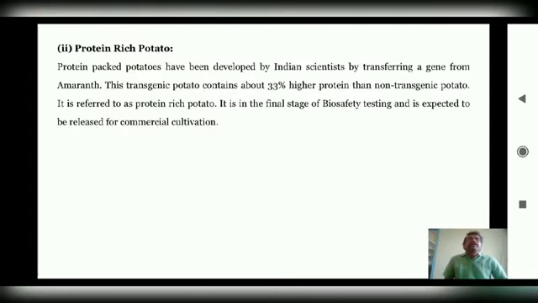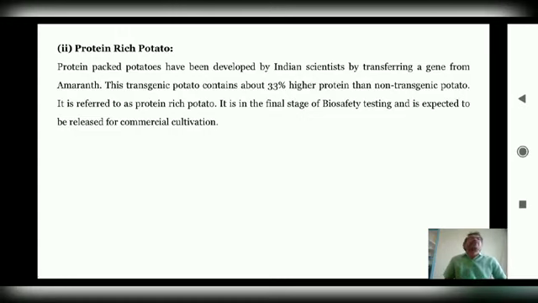Now another important plant that has been developed is potato, where the protein content has been enhanced. So potato has shown more protein content in it.